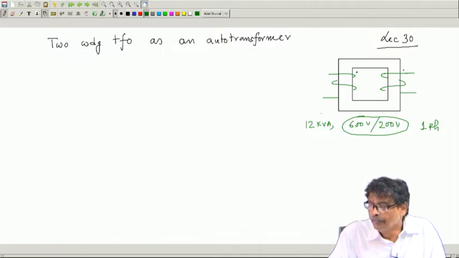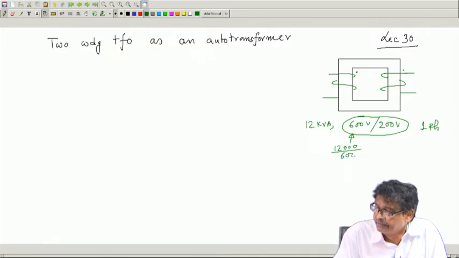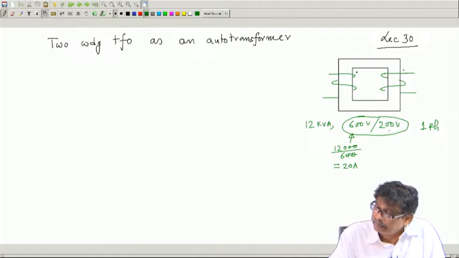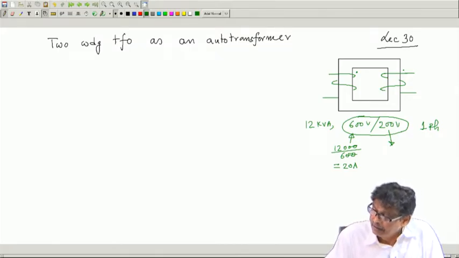What I told you, the moment this data is with you, you should immediately calculate the rated current of this side, which will be 12,000 divided by 600, is it not? That is 20 ampere. And this side, low voltage side, the current will be more.